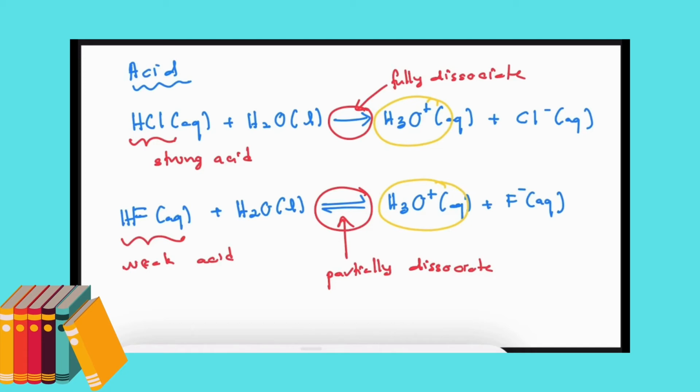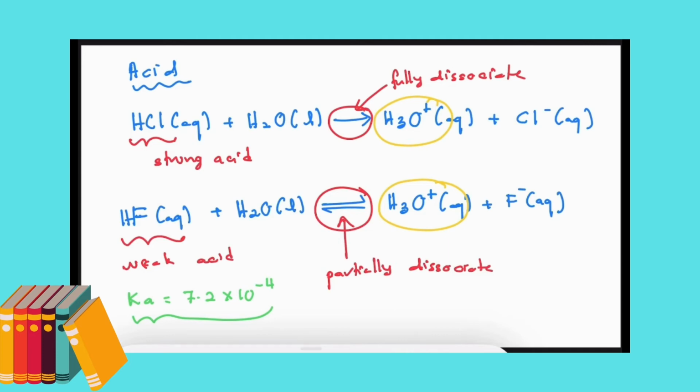Usually in our exam or for the purpose of our study, you will be given the Ka value. Let's say for hydrogen fluoride, the Ka is 7.2 × 10 to the power of -4. The value of Ka can be a hint for you to show that the acid is a weak acid.